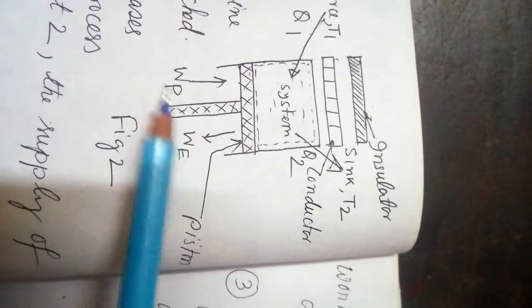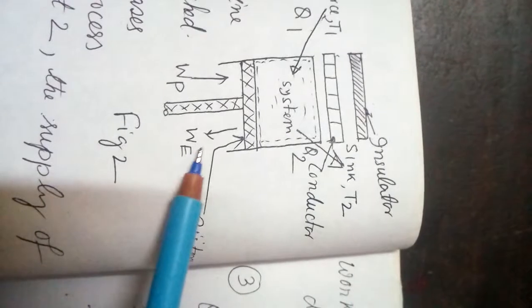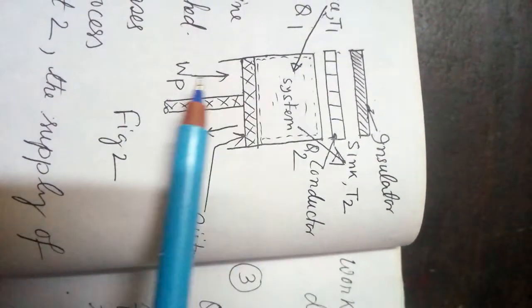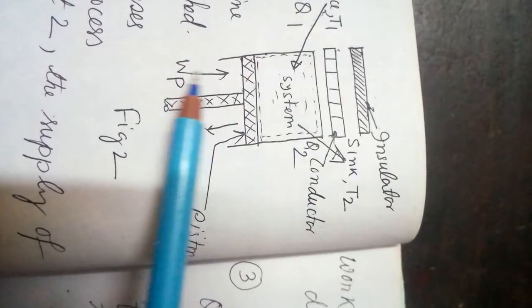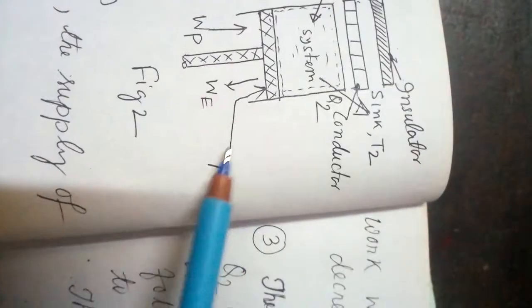Now after expansion, positive work is done, and in the compression negative work is done because work is done on the system.